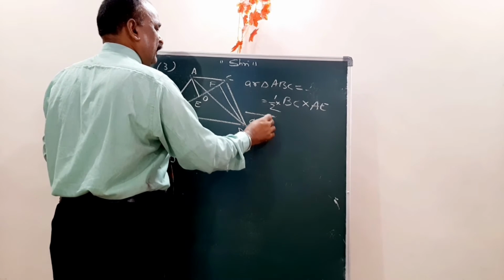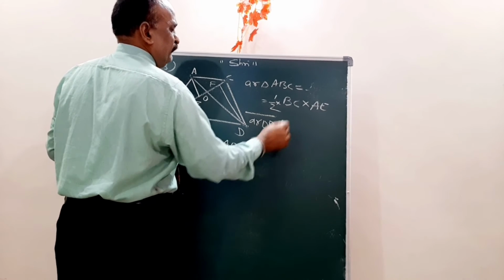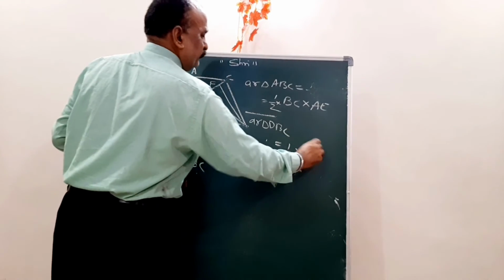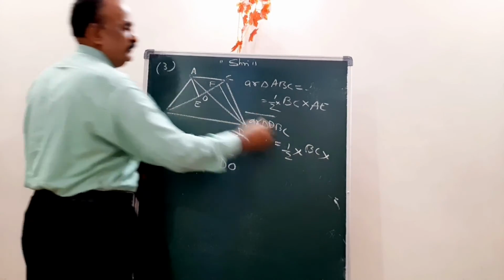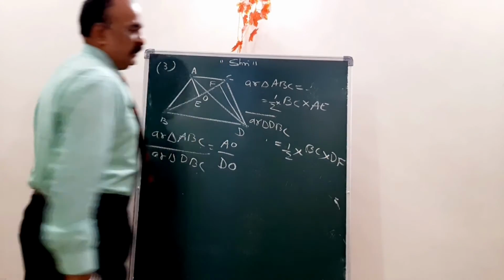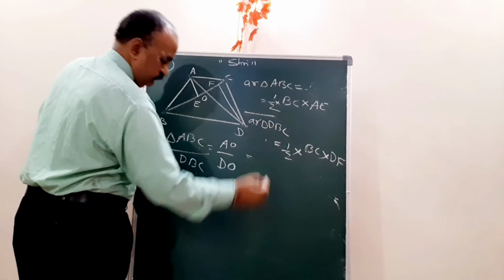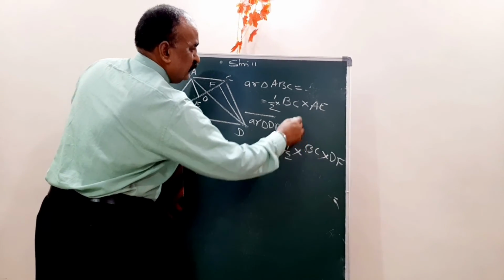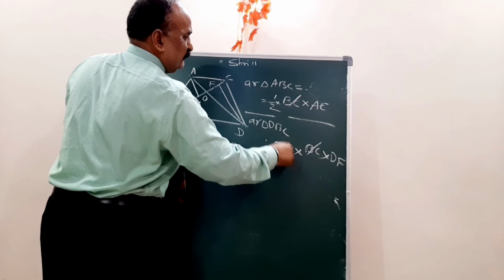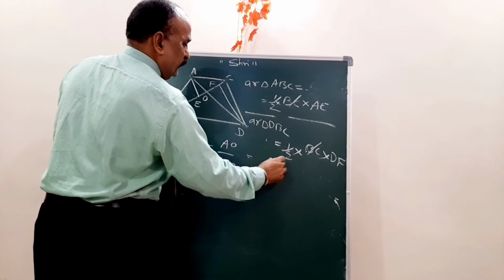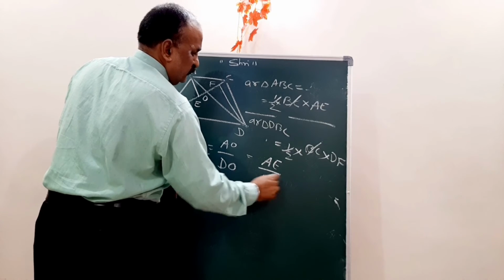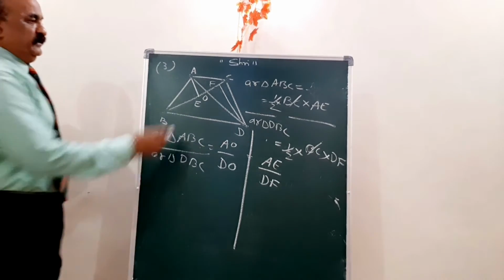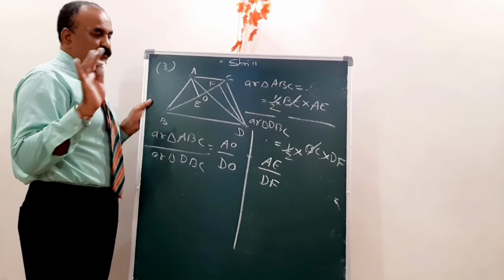Area of triangle DBC is equal to 1 by 2 into base BC into height DF. So what can you write here? BC will cancel, 1 by 2 cancels, and it is equal to AE upon DF.